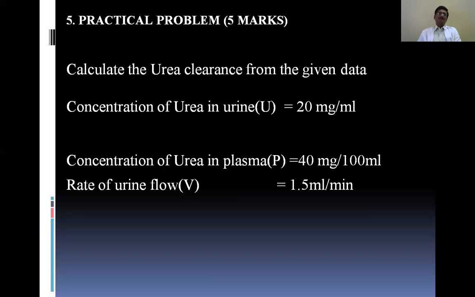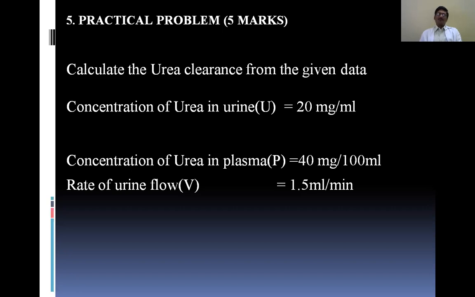Now next, calculate the urea clearance from the given data. Urea is also another metabolite found in our body, which can also be used as a marker, and whose clearance also gives a rough estimate of GFR.